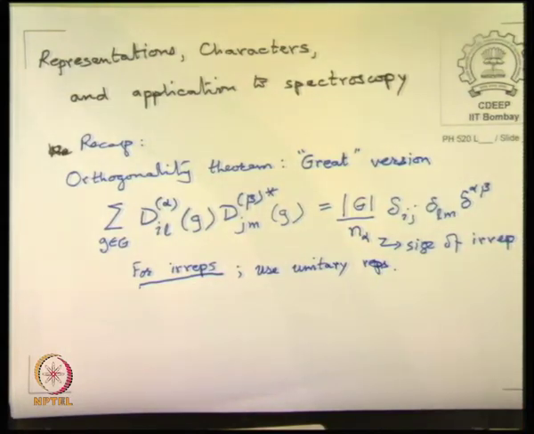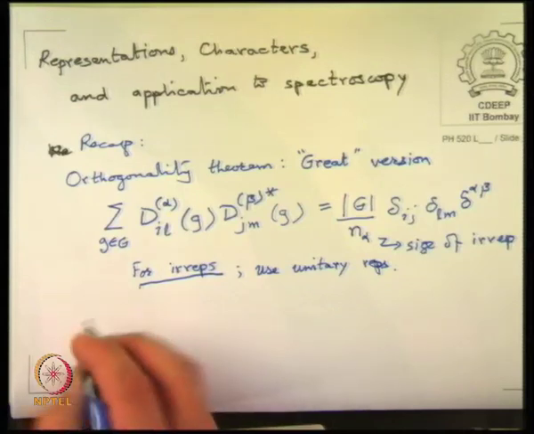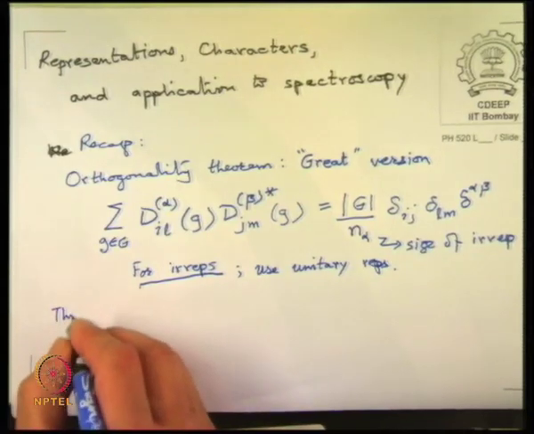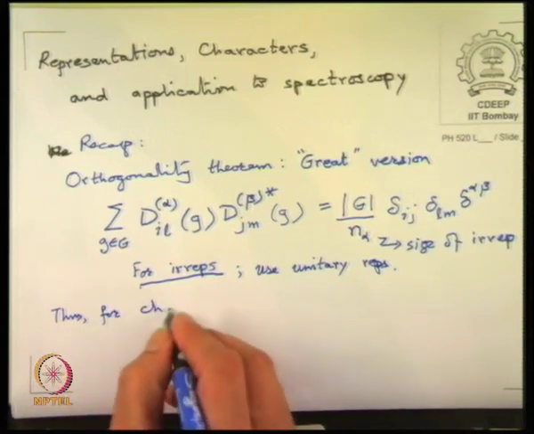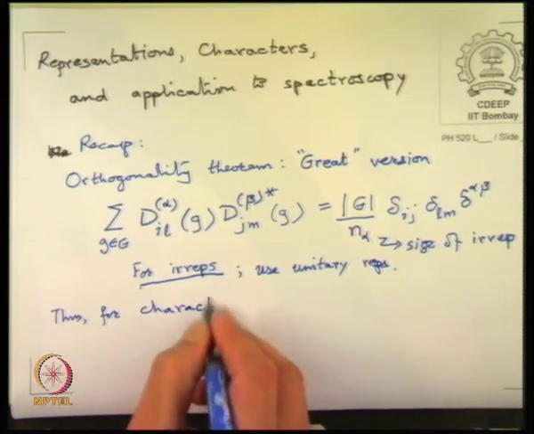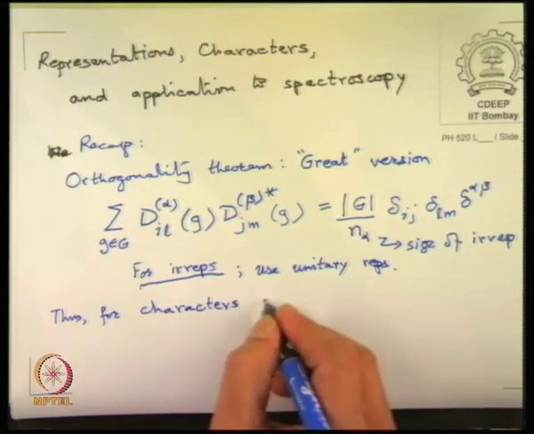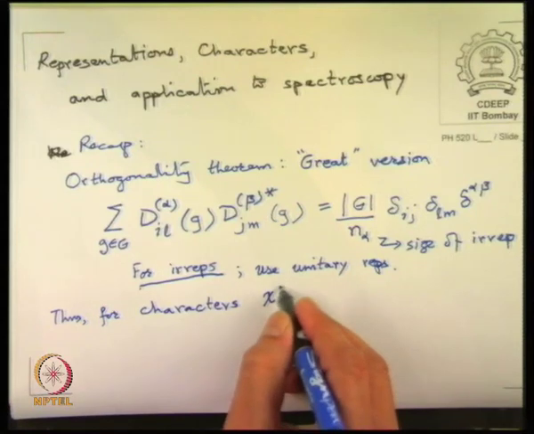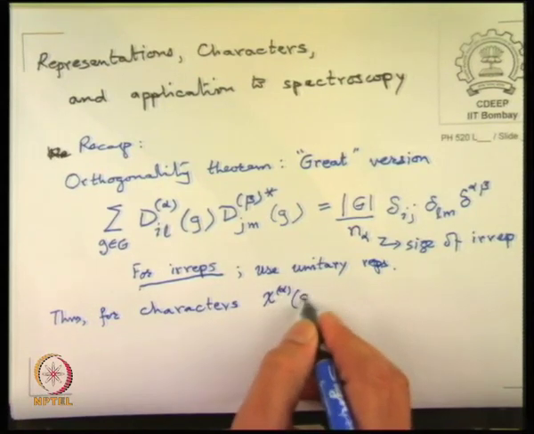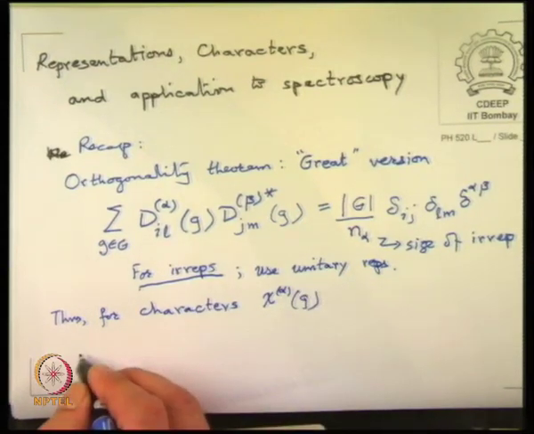And from this we derived the related relation for characters. Chi alpha of g, we have the relation sum over g.